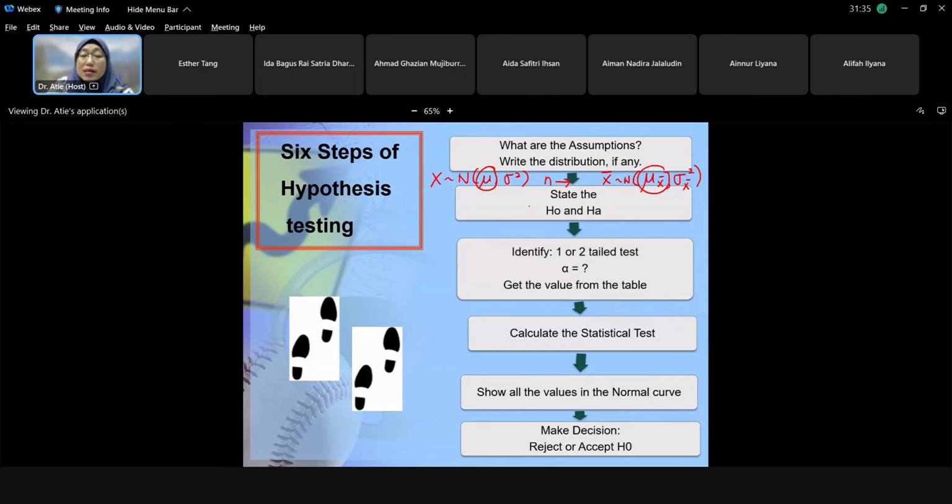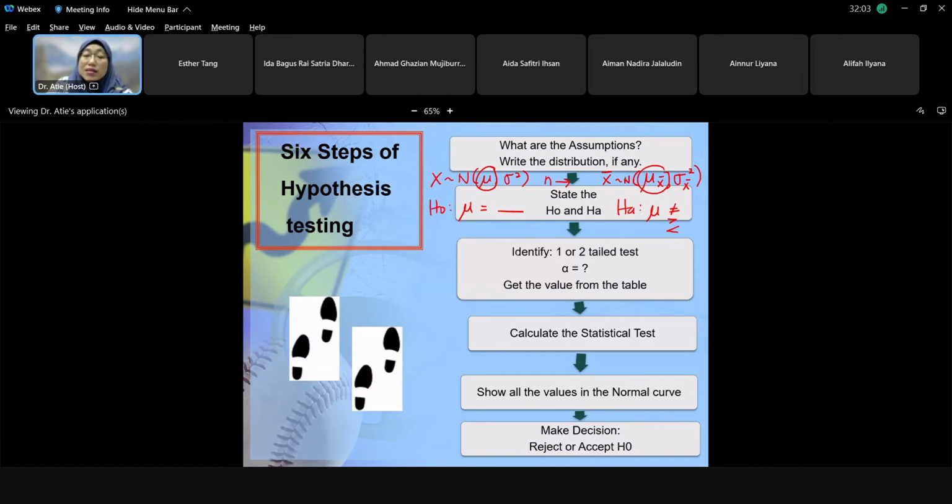Then the next one, you need to state H naught and also HA. You already know your H naught will be mu equal to something, whereas your HA will be mu with a not equal sign, greater than, or less than. Again, you need to identify the best symbol to be used for your HA.